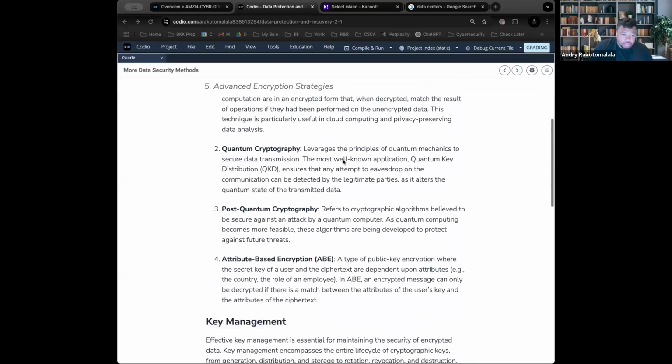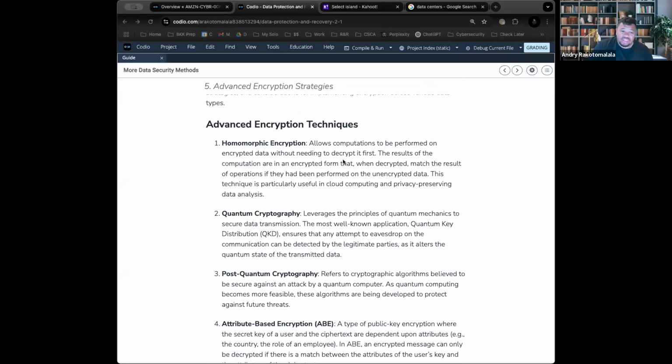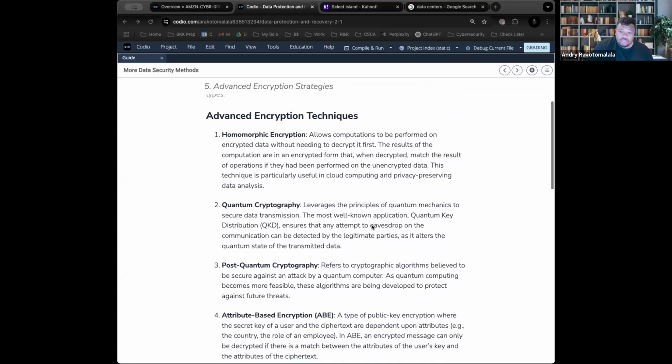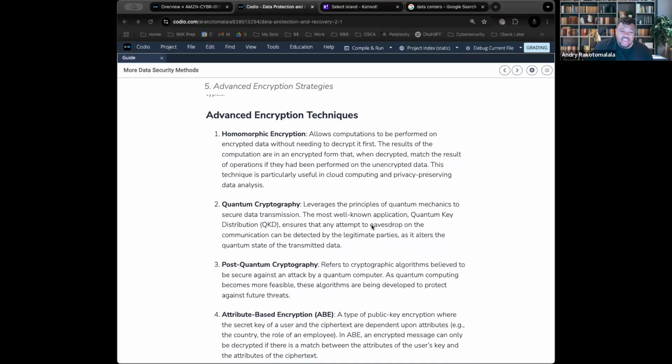Okay. Now, there are advanced encryption methodologies, advanced ways to make sure that it is as undecipherable as possible. So one of the first ones is homomorphic encryption. This is essentially when you have encrypted data, right? And you don't need to decrypt it first, okay?